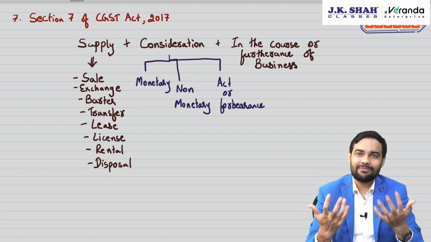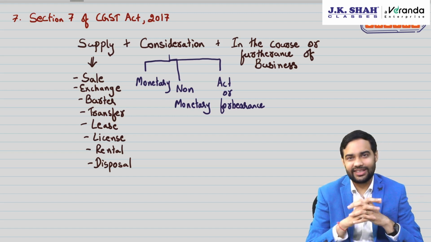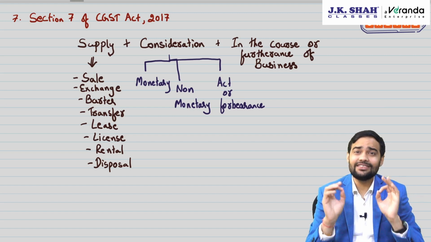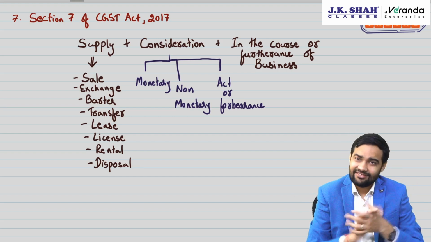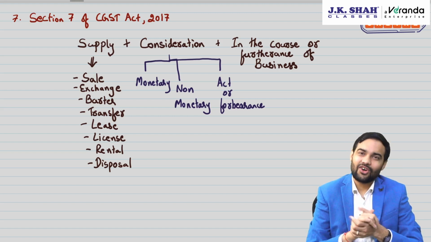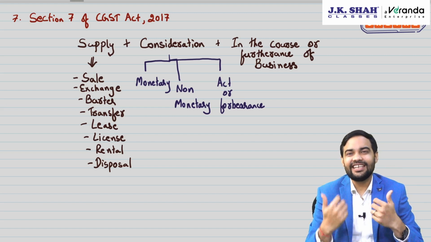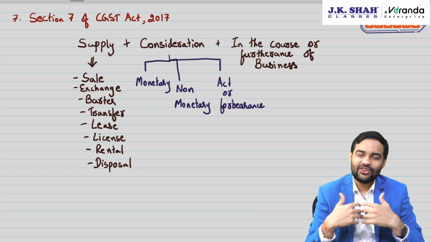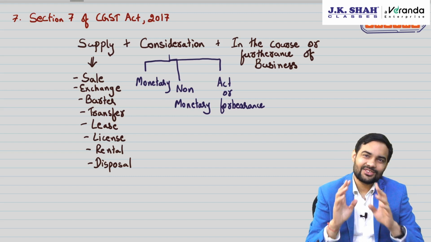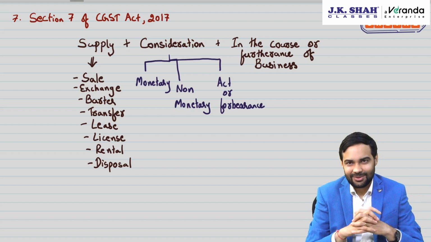That's a non-compete agreement where there's a positive agreement for not doing something. Breach of contract is never regarded as a supply. If there is a breach of contract, that is not the intention of the contract. You don't enter into a contract so that the other person breaks the contract and you earn from it.